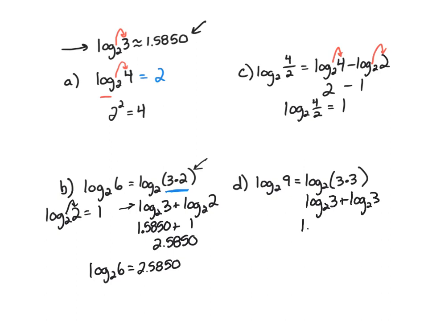Okay, and I know what log base 2 of 3 is. It's 1.5850 plus 1.5850. And I get an answer of 3.17. So I get log base 2 of 9 is approximately equal to 3.17.